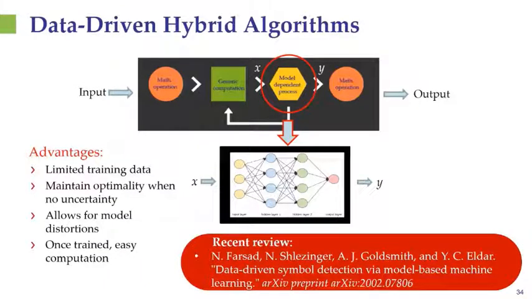But now this deep network is only going to be replacing a specific block, not the end-to-end solution, and therefore we still retain the structure of the well-known communication solution, but do not require knowledge of unknown parameters, which are estimated by this deep network.